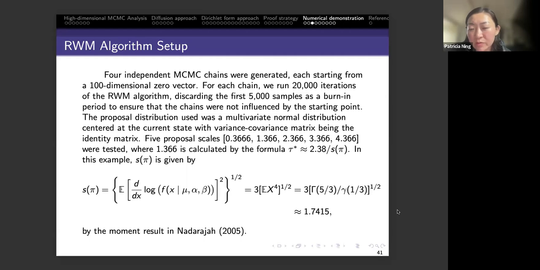5 proposal scales, 0.366, 1.366, 2.366, 3.366, and 4.366, were tested. The second one is calculated by the formula, matching the theoretical result tau star equals 2.38 over S pi. And in this example, S pi is derived by this formula. We also use the moment result for the generalized normal distribution.